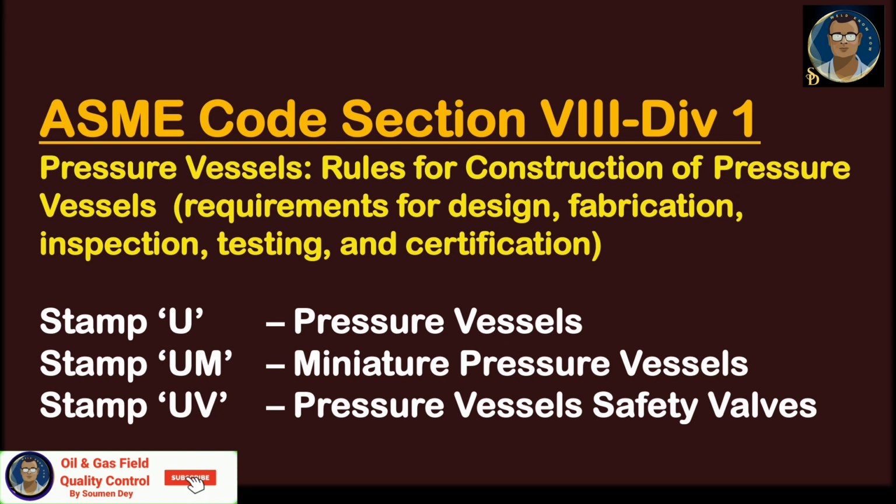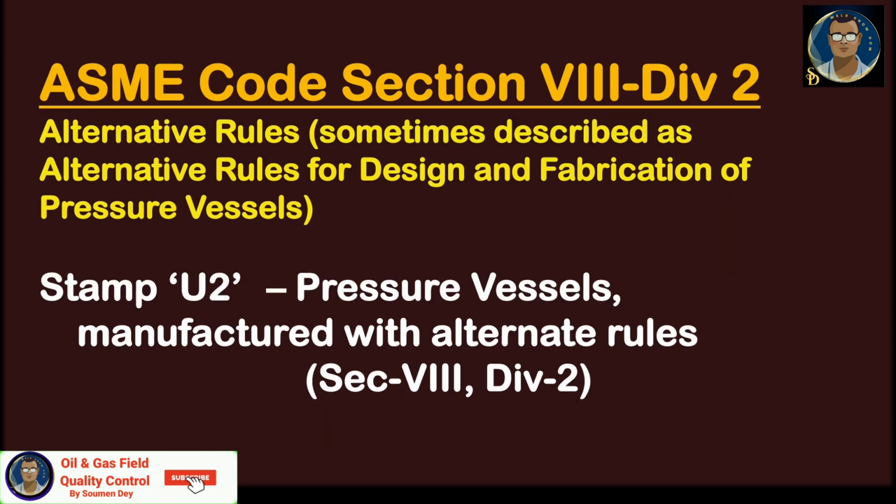This is ASME Section 8 Division 1 pressure vessels. This is the rule for construction of pressure vessels, requirements for design, fabrication, inspection, testing and certification. So here the U stamps are covered. U is for pressure vessel, UM is for miniature pressure vessel up to 5 cubic feet, as we have just seen in the slide. UV is for pressure vessel safety valves.